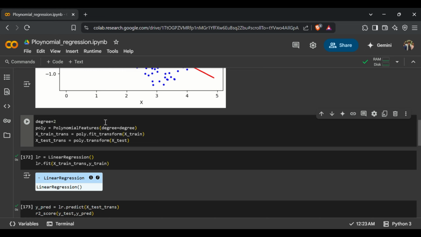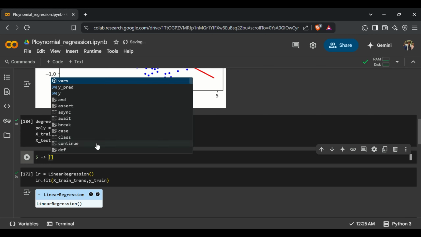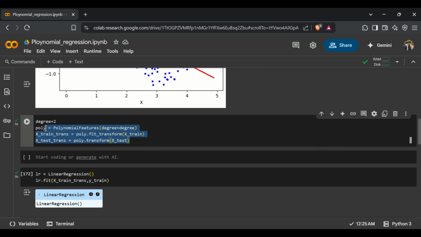When the input is 5, the transform converts it into 5 power 0, that is 1, 5 power 1, that is 5, and 5 power 2, that is 25. So the input is transformed into various columns.